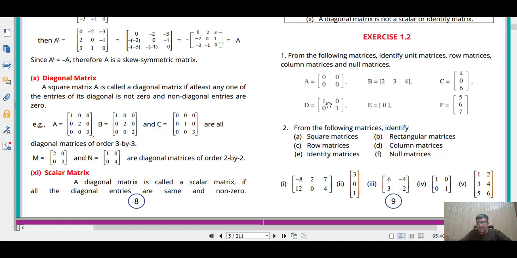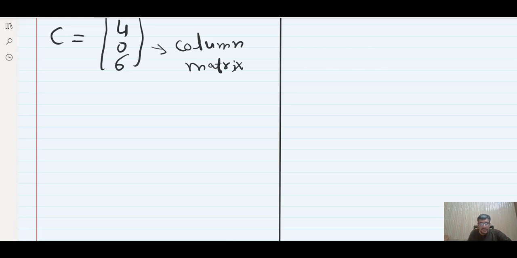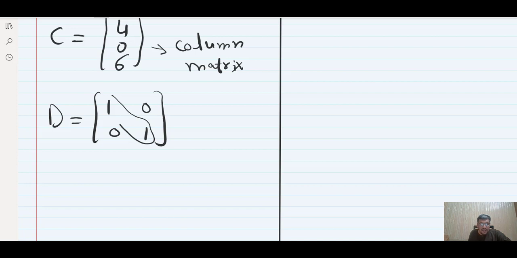In this elements are 1, 0, 0, 1. If you see all the diagonal elements are 1. So we will say that this is identity matrix, or you can say unit matrix. So D is equal to 1, 0, 0, 1. So all the diagonal entries, if you see here, are 1.